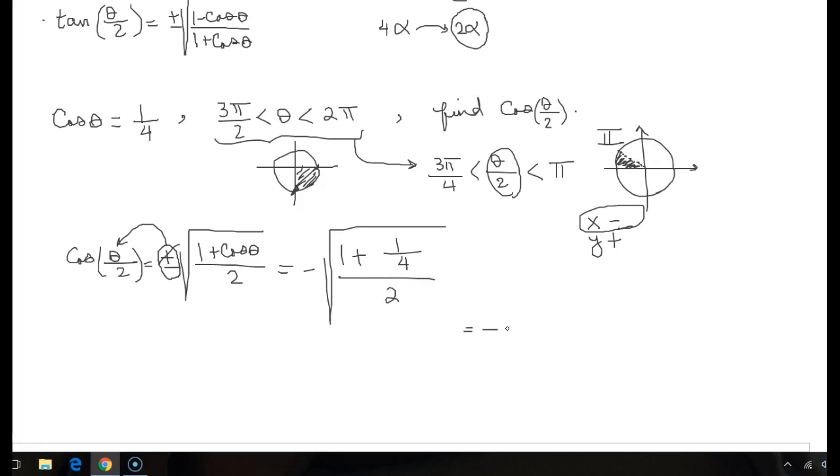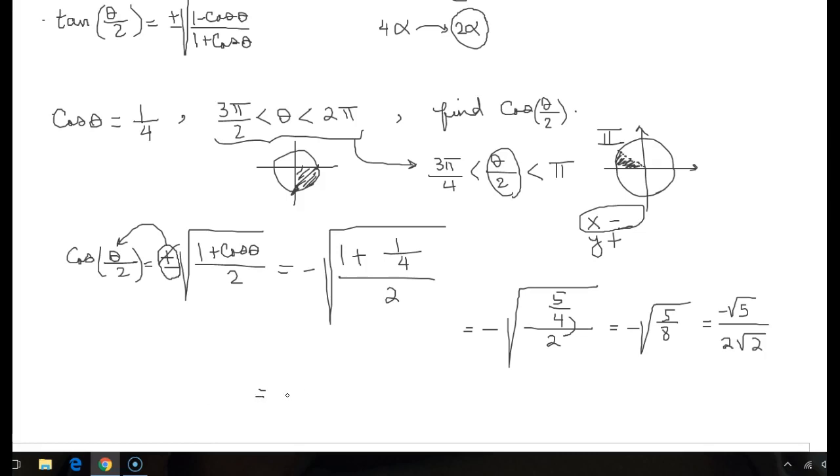So we have negative outside parentheses, 2 in the denominator, 1, which is 4 over 4, plus 1 over 4, that's 5 over 4. So then we have negative square root of 5 over 8, because these two multiply. And I can write this as negative square root of 5 over square root of 8, which is 2 square root of 2, because 8 is 4 times 2. 4 is a complete square, comes out as 2, and then square root of 2.